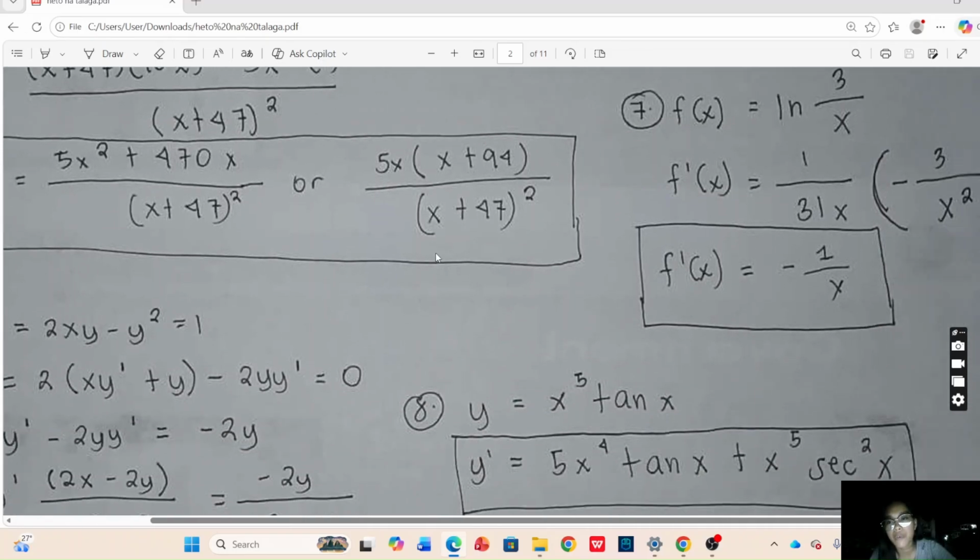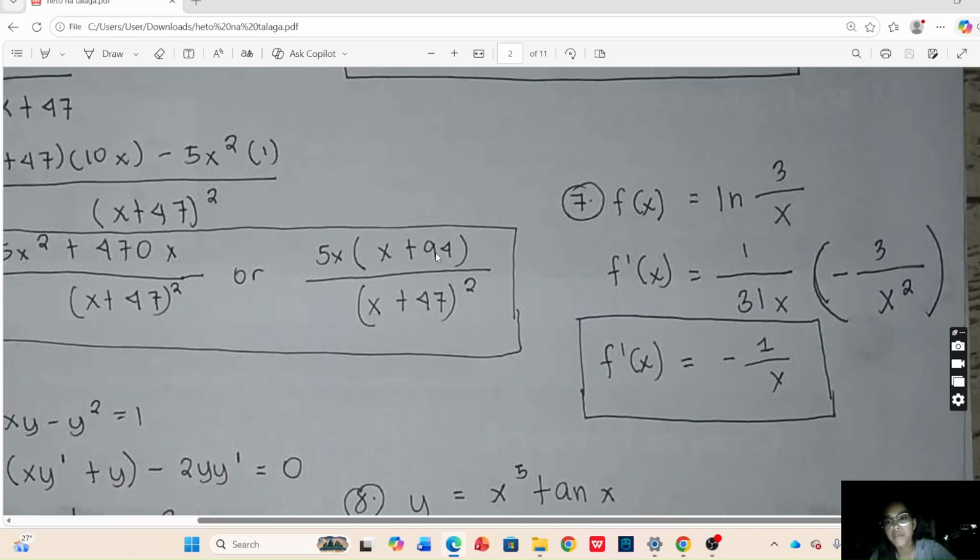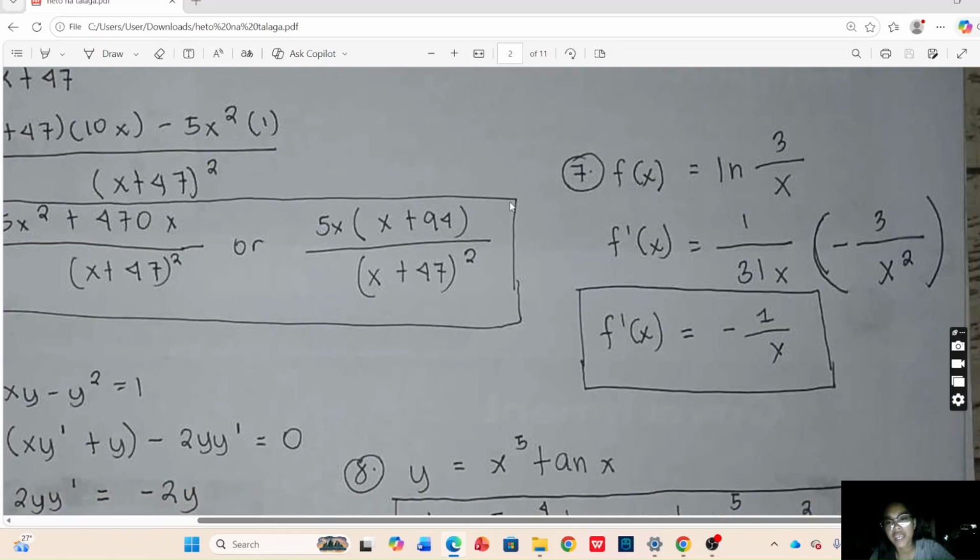Next is our problem number 7, which is f of x is equal to ln of 3 over x. We have to apply logarithm properties first, then rewrite the expression as the natural logarithm of 3 minus the natural logarithm of x.